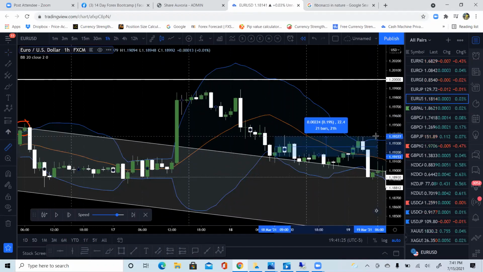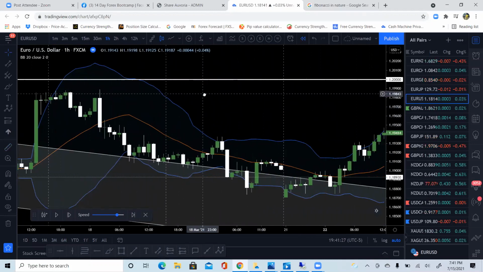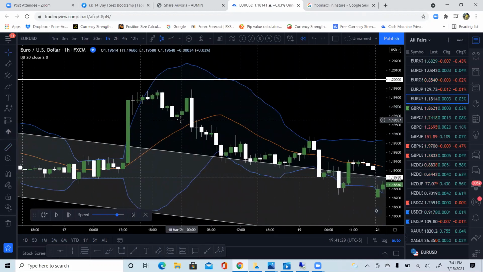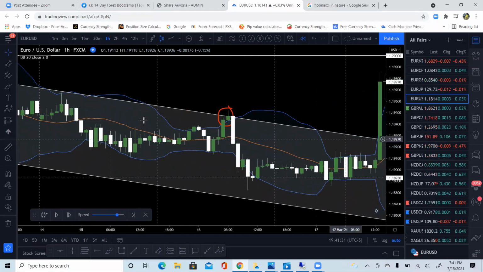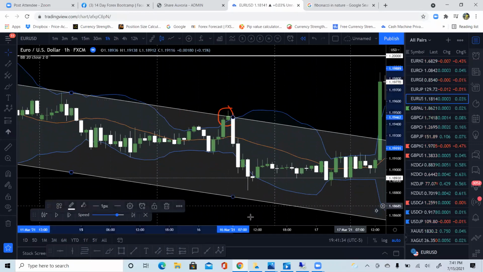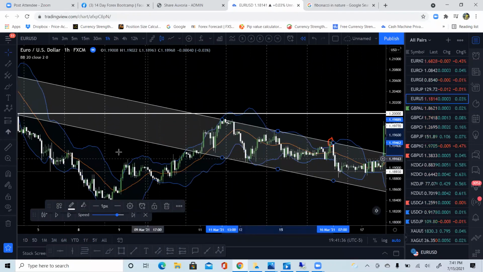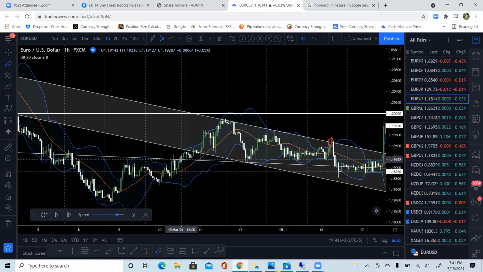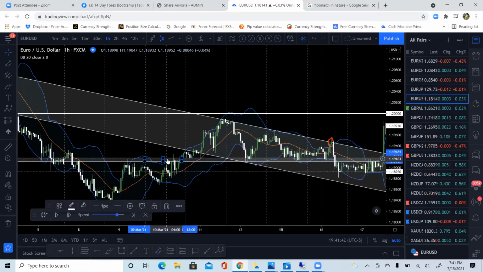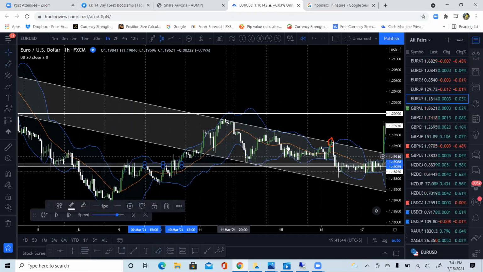That would have gave you 22 pips. So when you start putting things in conjunction, that's how you can really find trades, just by looking at the charts and building your analysis.